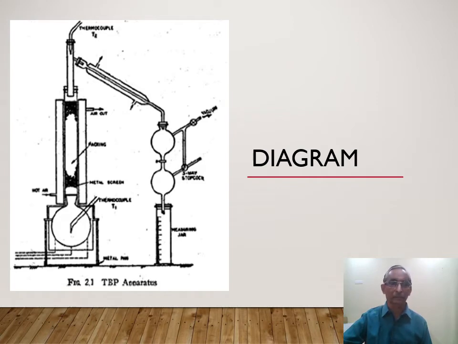Packings are provided. The number of packings, or 15 plates, generally we consider. We are going to note down the temperature here, the top vapor temperature. At that time we collect the sample through the condenser which is provided, and this is the measuring cylinder where we measure the quantity collected.